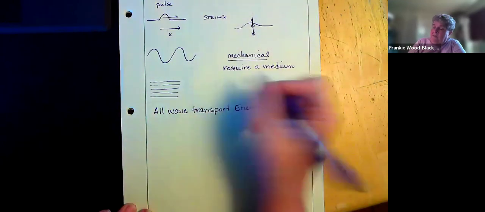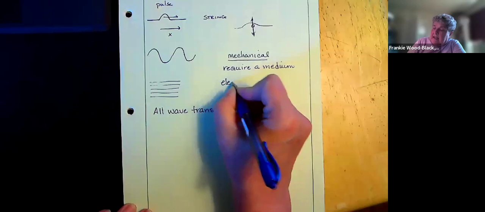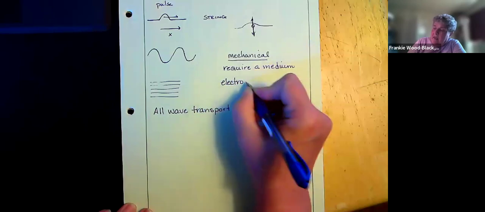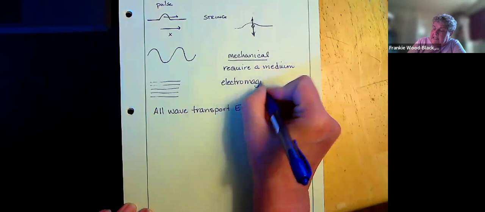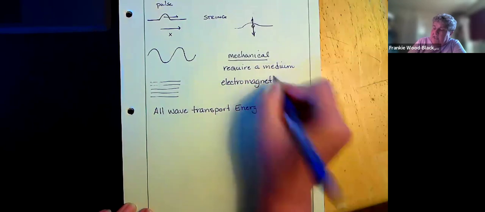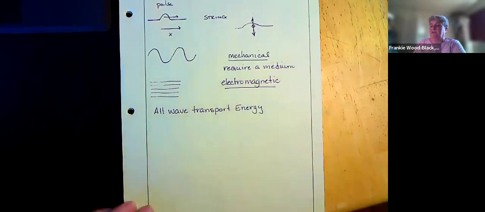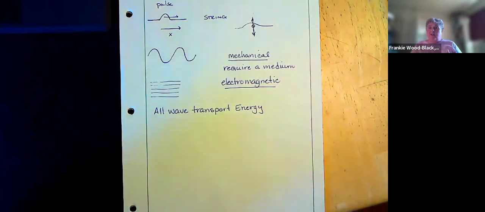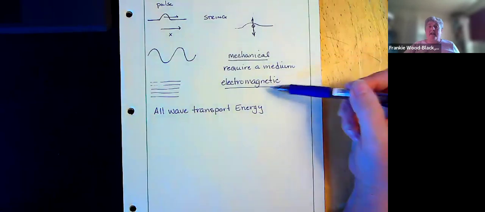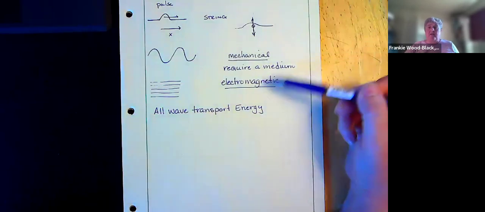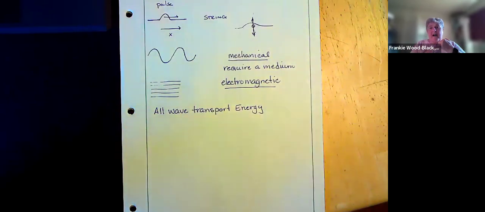The other wave, as I've mentioned, is the electromagnetic. We're going to come back to that towards the end of the semester, but I do want to introduce it now, it's a type of wave, because you know that we've got waves and there's a lot of commonalities between electromagnetic waves and mechanical waves in terms of how we define frequency, how we define wavelength, how we define velocity.